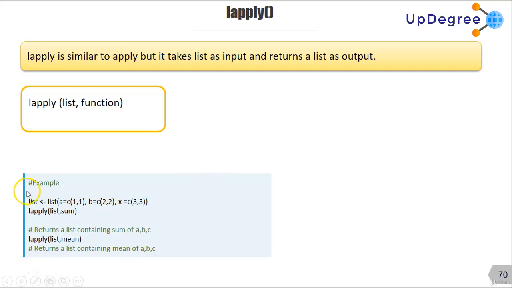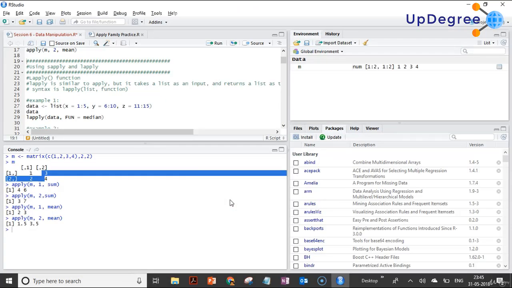We are going to create a list with a, a vector of 1, 1, then b, which has 2, 2, and then x, which has 3, 3. Then if you apply lapply and want the sum of it, you would get the result. Let's quickly see the demo to have the understanding.